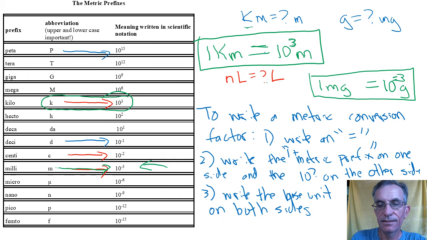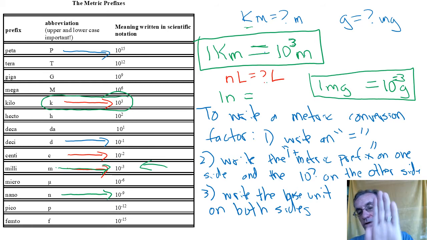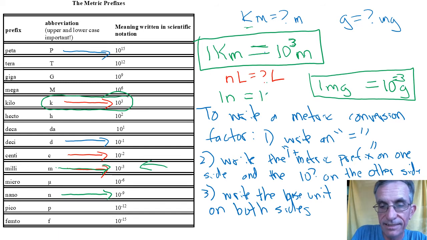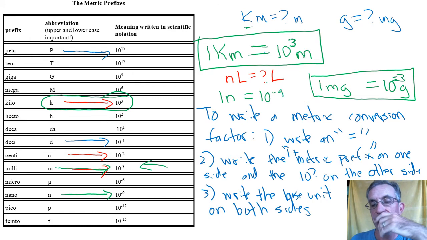You write equals, and then you write 1 and the prefix on one side, 1 nL. What does n stand for again? I don't know, but it's over here: 10 to the minus 9. It's nano. So you put the letter on one side, what it means always on the other side, so that's going to be 10 to the minus 9. Then you put the base unit on both sides, so it would be capital L, liters. It should look like that.